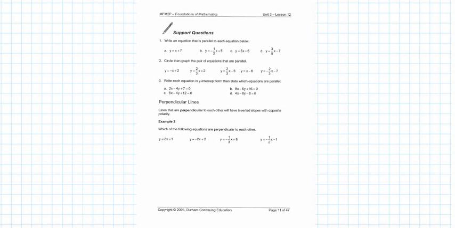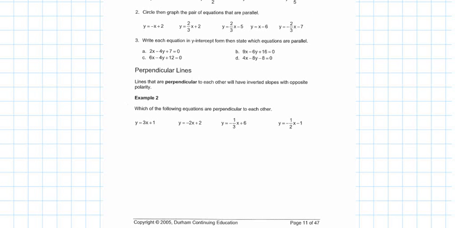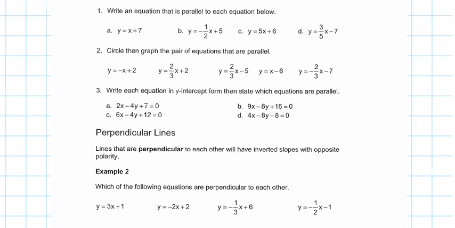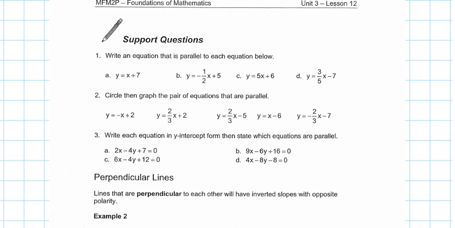So let's look at the first question here. It says, write an equation that is parallel to each equation below. Let's do 1a, for example. They want us to write an equation that is going to be parallel to the first equation here, y equals x plus 7. Give me an equation that's parallel to this. Y equals x minus 8.